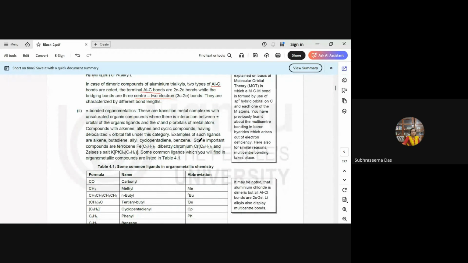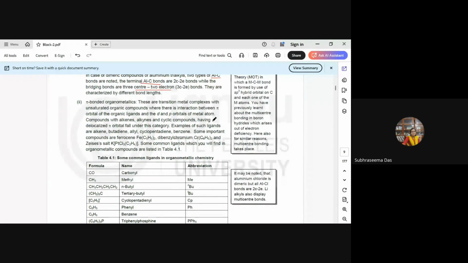Then coming to pi bonded organometallics. These are transition metal complexes with unsaturated organic compounds where there is interaction between the pi orbital of the organic ligands and the d and p orbitals of the metal atom.